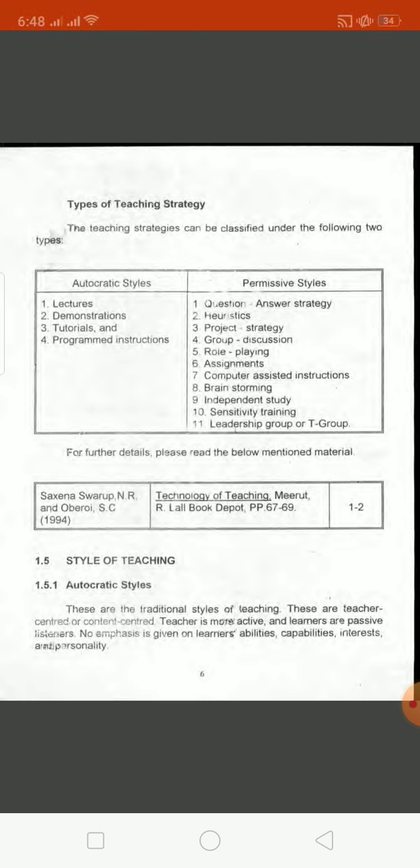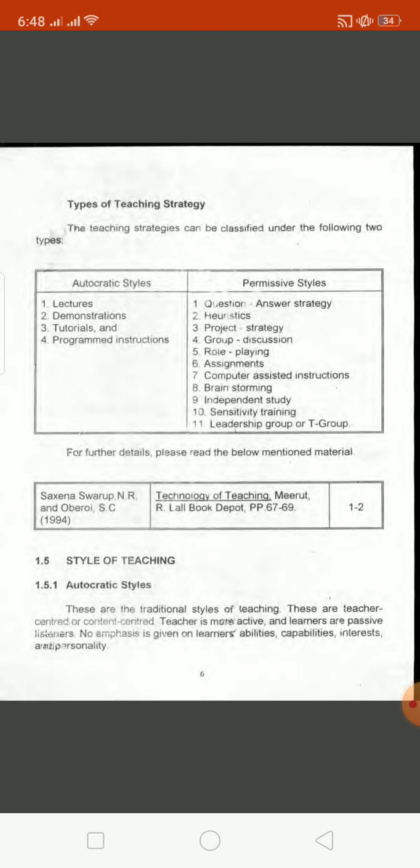Fourth one is programmed instructions, which are mainly used for the subject of mathematics. As the name suggests, all these four styles basically revolve around the teacher.